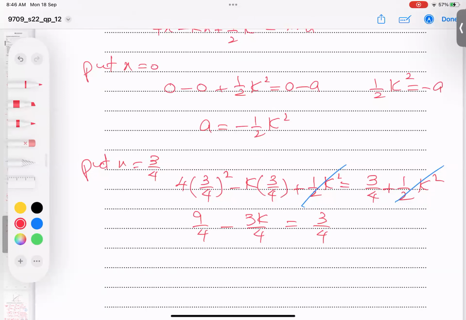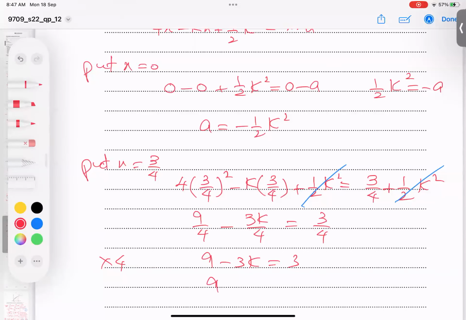After that, if you look carefully, we can simplify by just solving them. If I multiply throughout by 4, I get 9 minus 3k equal to 3. How come? 4 cancels with this, and this part is left behind. We can simplify, or you can take LCM and complete it.